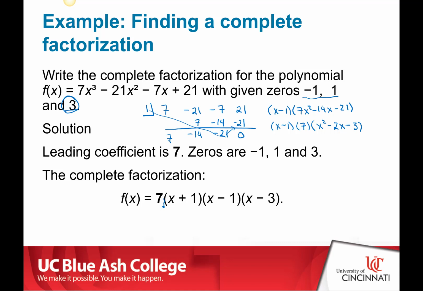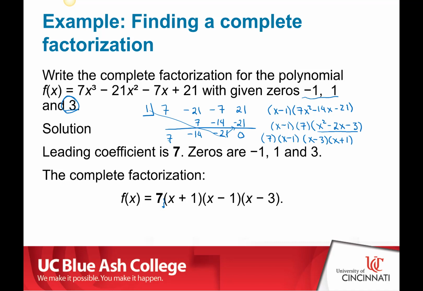Factored out the 7. The 7 can be brought forward. We have an x minus 1. Then this last portion, the x squared minus 2x minus 3, will factor into x minus 3 times x plus 1.